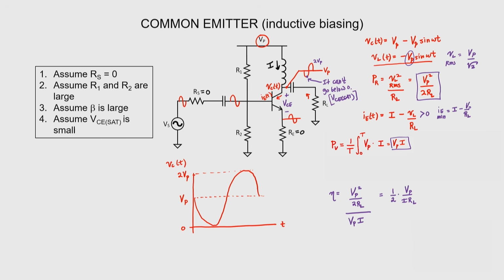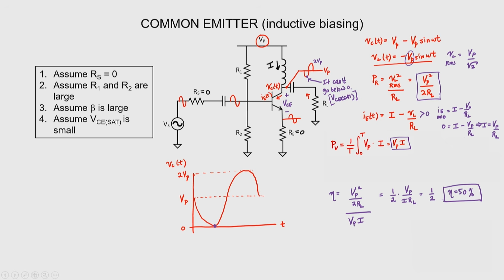That means it won't swing any lower than that. The emitter current should reach 0 when our signal swings the lowest. This means that our I should be V over R. If we substitute that into this expression, we wind up with an efficiency that's 1/2. In other words, the efficiency of this Class A amplifier is 50%.